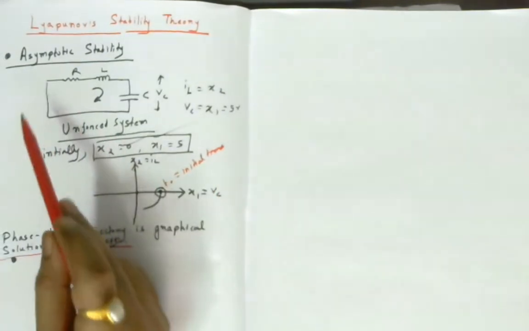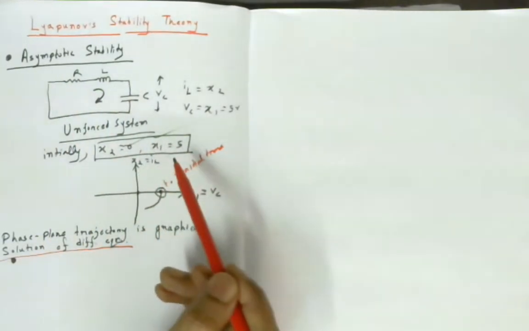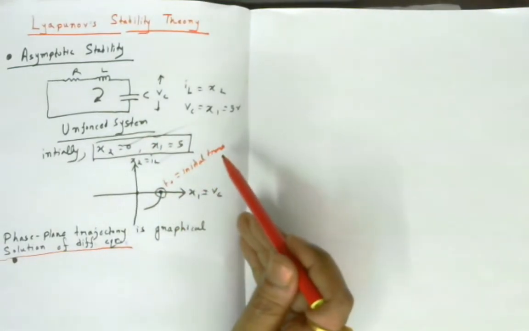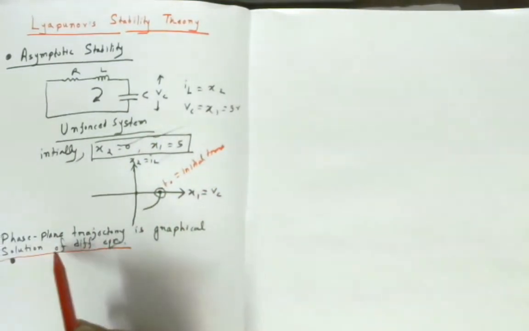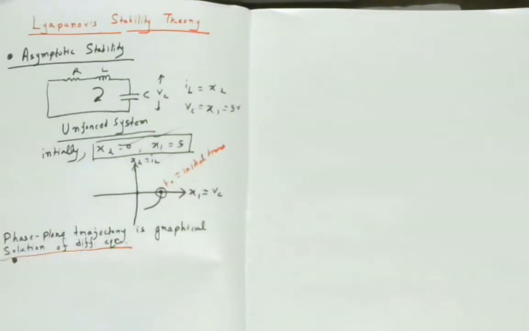This asymptotic stability, the initial condition, unforced system, initial time, and solution of the differential equation, these terms are very important to understand Lyapunov stability theory.